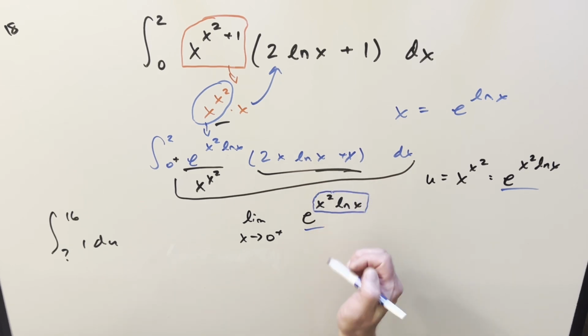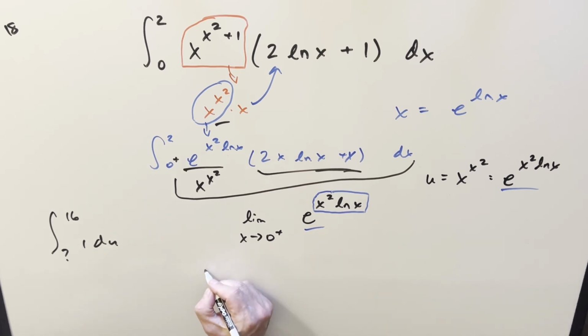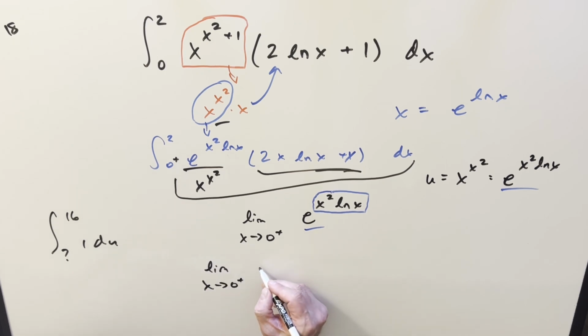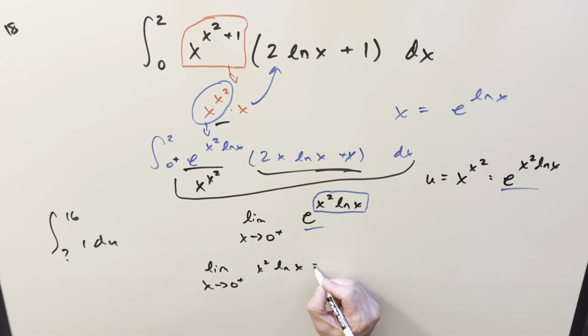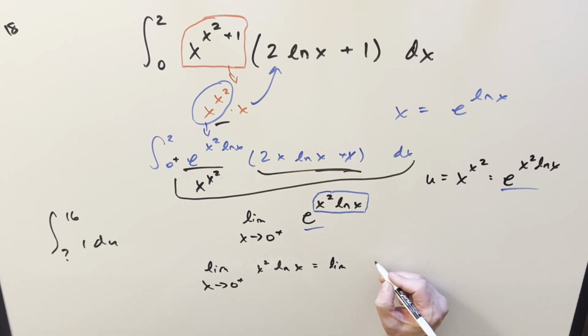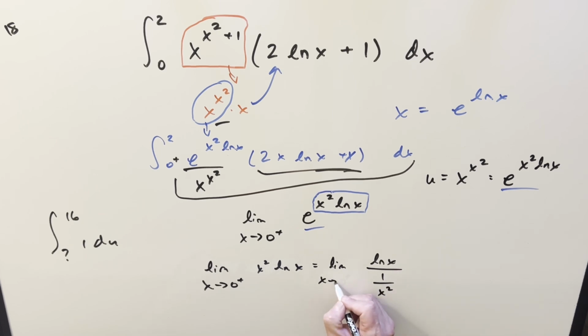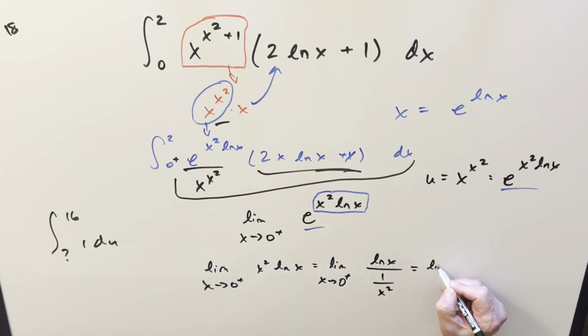If we can find this limit, we just have e to that power, and we should be able to calculate this. So what I really want is the limit as x goes to 0 plus of x squared ln x. If I turn this into a fraction, we can use L'Hopital's rule on it. So I can write it as ln x over 1 over x squared, just rearranging it. For L'Hopital's rule, we differentiate numerator and denominator.